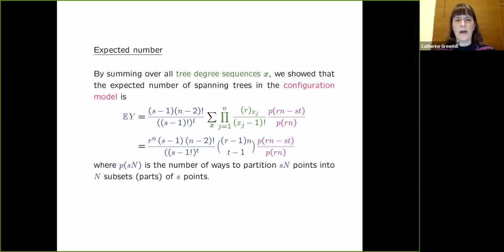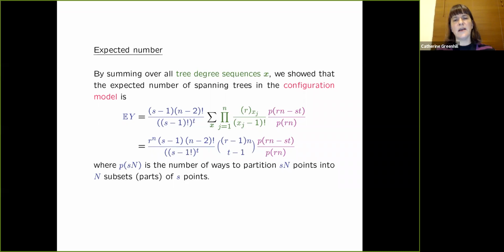Then the blue stuff out the front combined with the xj minus 1 factorial factors, that's just the number of trees with a particular tree degree sequence, which we're summing over. And then once you've got your tree laid down, for each vertex, you say how many parts that particular vertex is in this tree, and you need to identify which points in the cell correspond to each one of those parts.